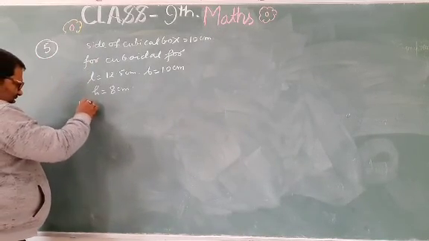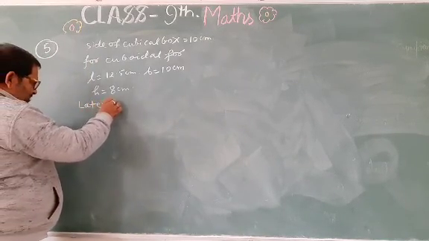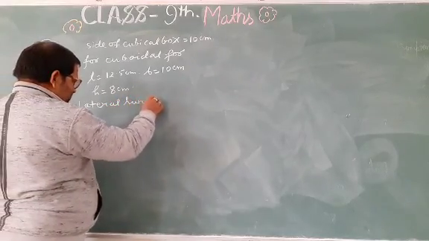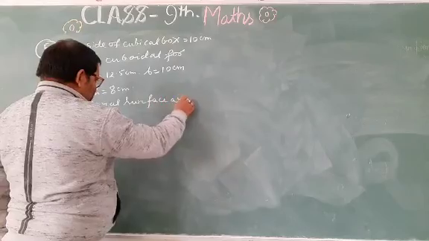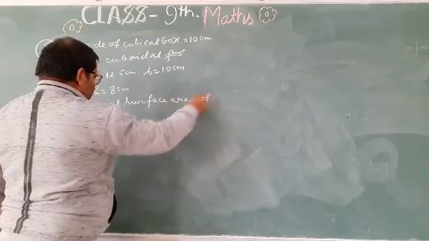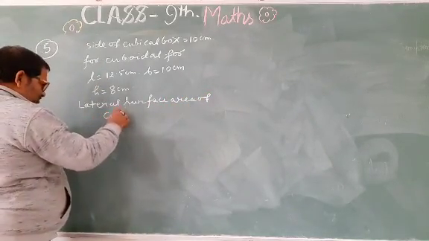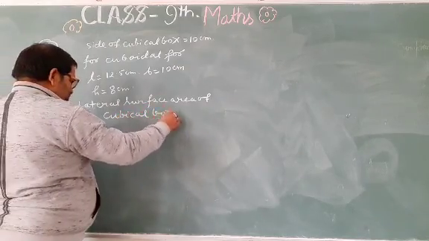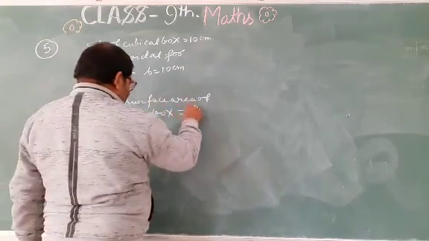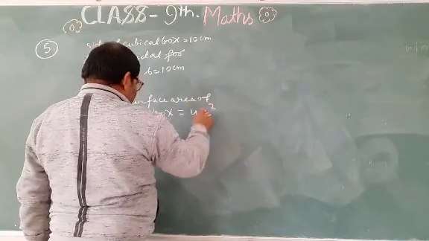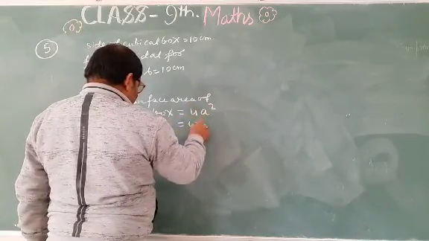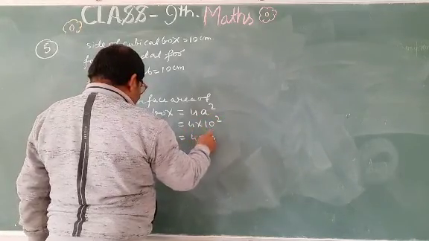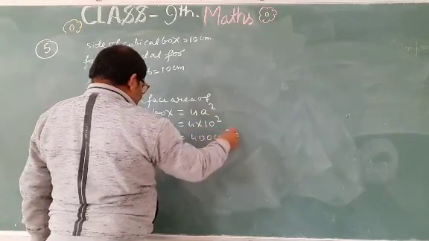The lateral surface area of the cubical box equals 4a square, 4 into 10 square, equal to 400 centimeter square.